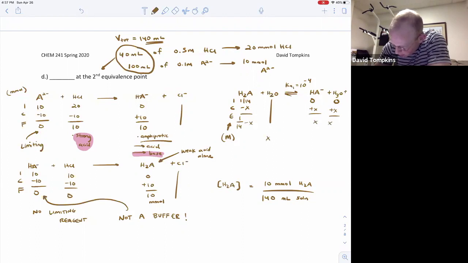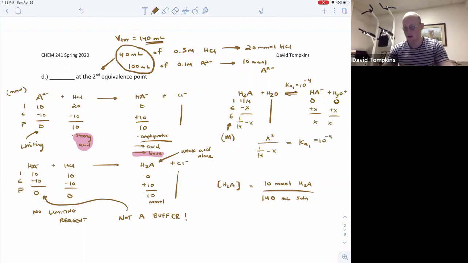Now you can set up an equilibrium expression where x squared over 1/14 minus x is equal to Ka1. And that's equal to 10 to the negative 4. Once again, 10 to the negative 4 is way smaller. It's 1,000th of 1 over 14.